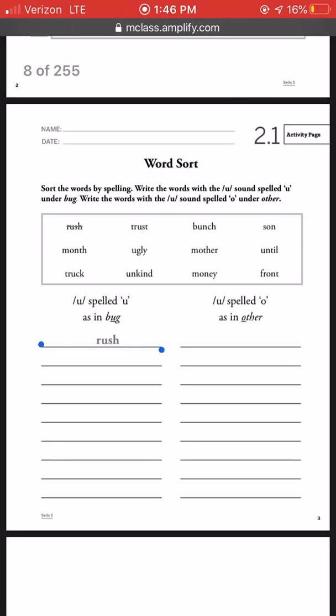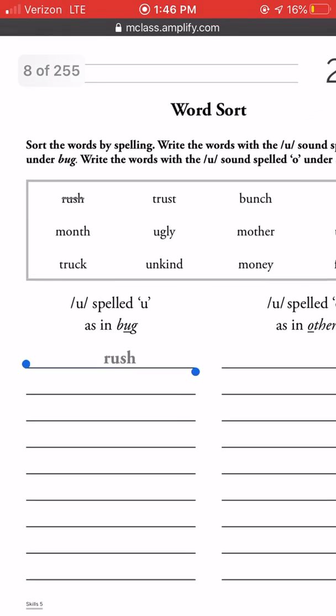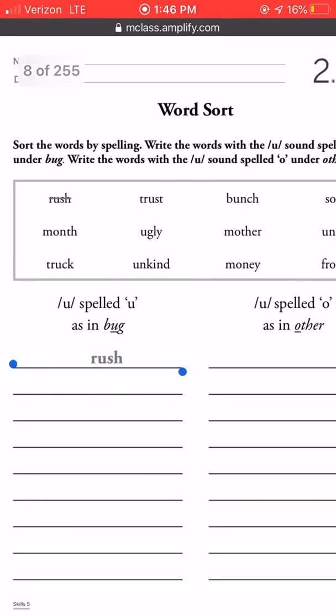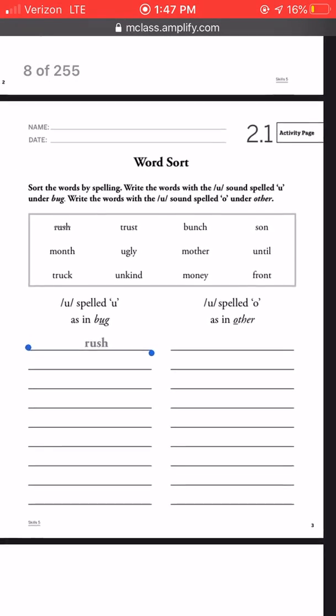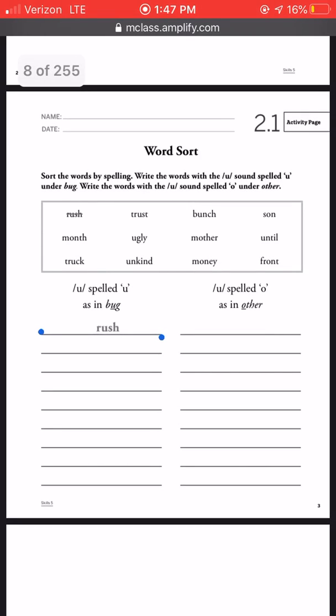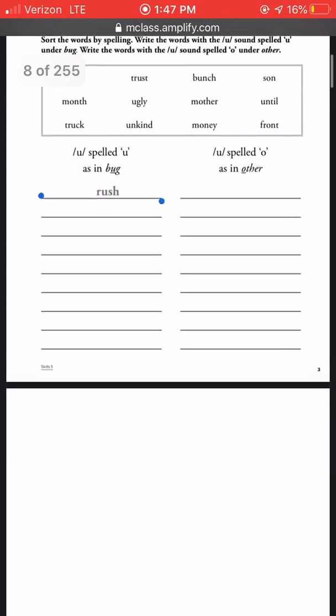So any of the words that have the U and make the sound are going to go under this U column. And any of the words with O that make the sound are going to go under the O column.